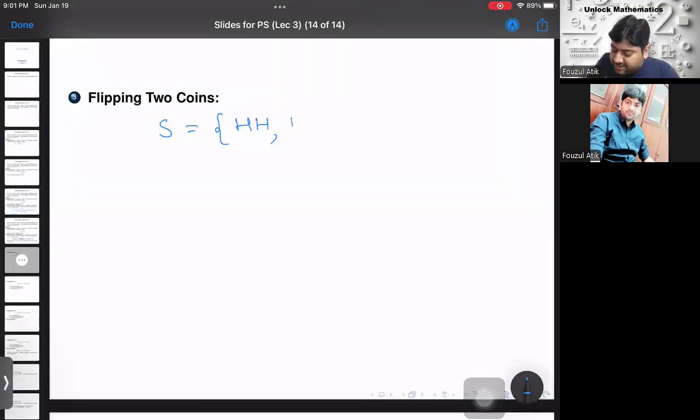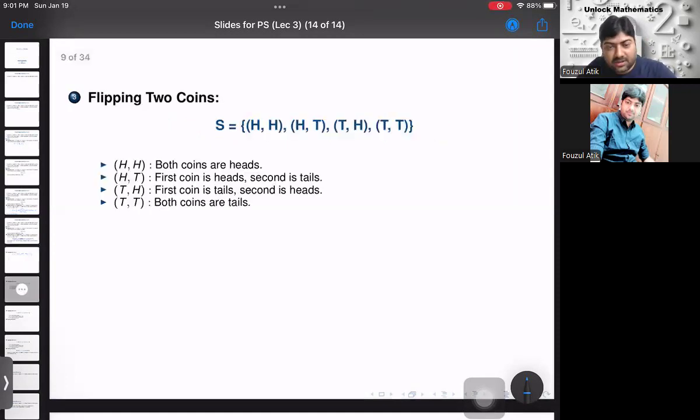Maybe the first one is head and the second one is tail. Another outcome: the first one is tail and the second one is head, and both of them are tail. So these are the four possible outcomes we can have in this experiment. Clear? Yes, as we discussed, the sample space in this case is this one.